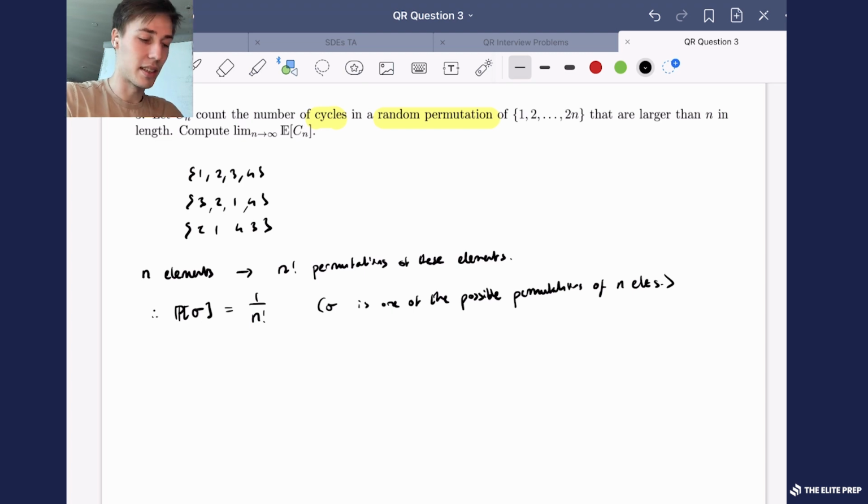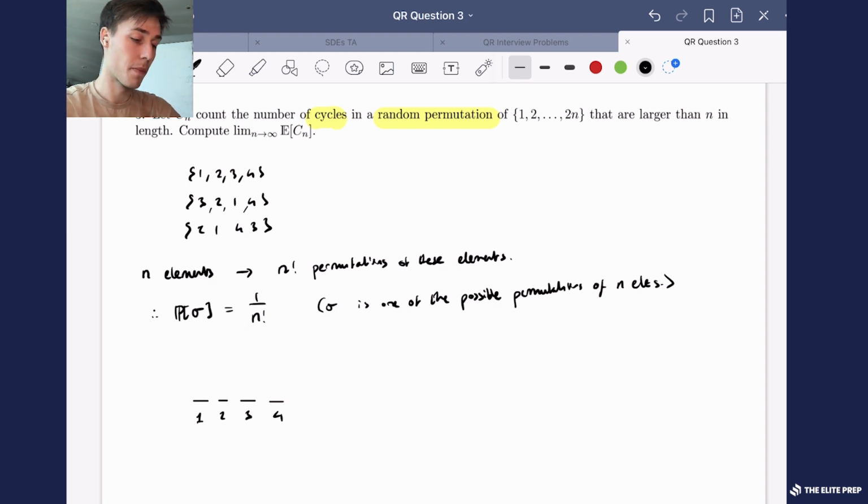So again, let's consider our example when n equals 2, so that we have 4 elements. 1, 2, 3, 4. We'll view these as empty spaces, and we'll assign each of these empty spaces an index. So this is the first space, this is the second space, this is the third space, and this is the fourth space.